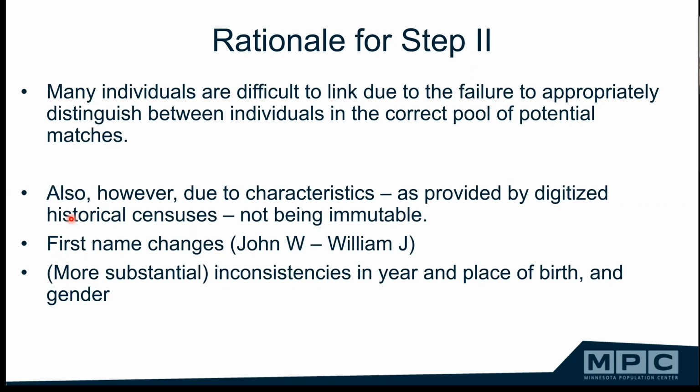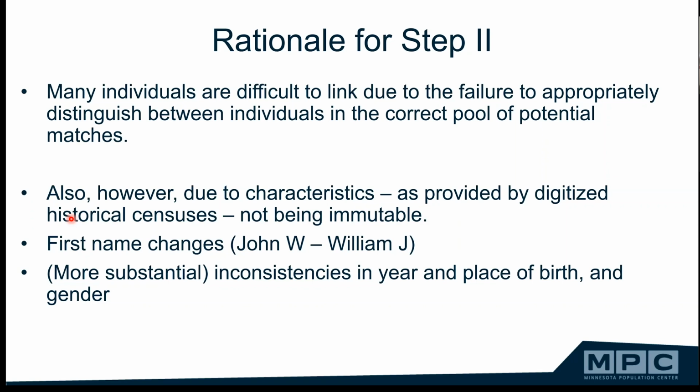Also, we can easily see in the data that some of the characteristics that we use in step one, and that other methods treat as immutable, are not in fact immutable.